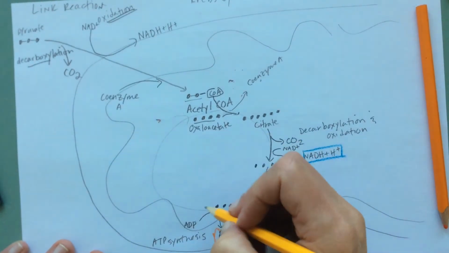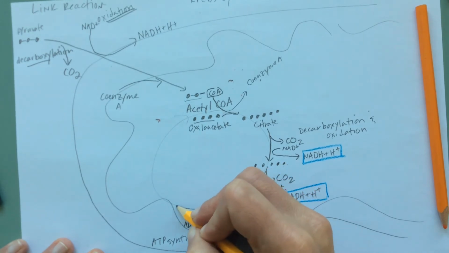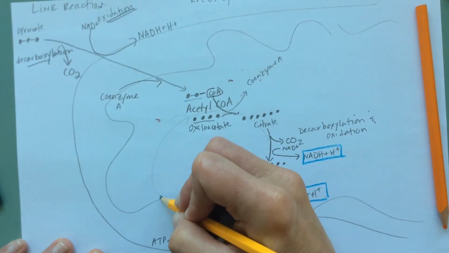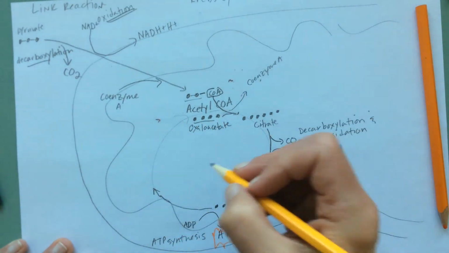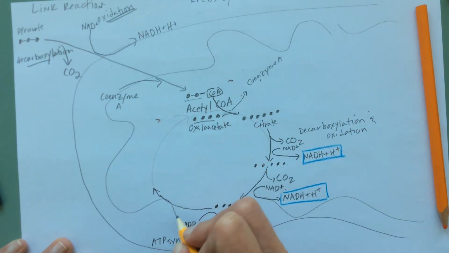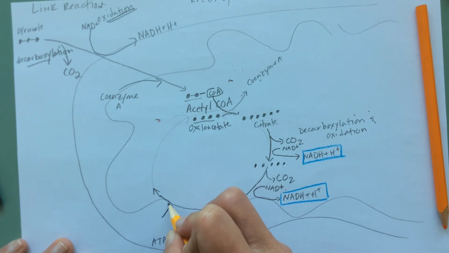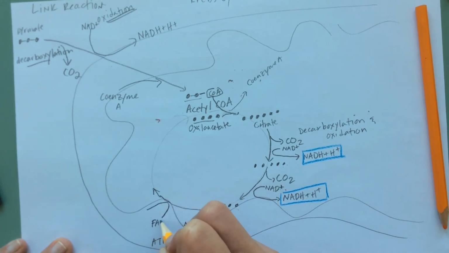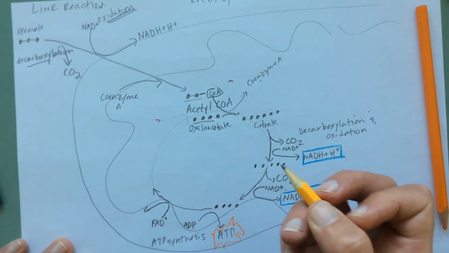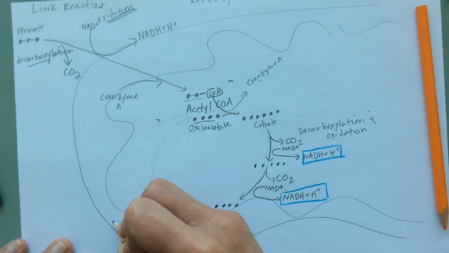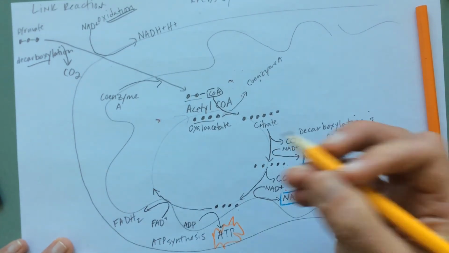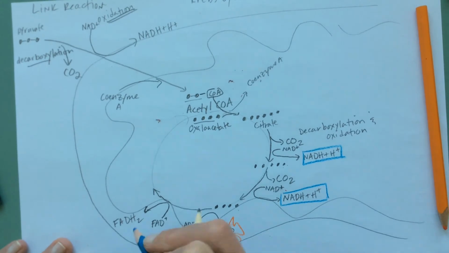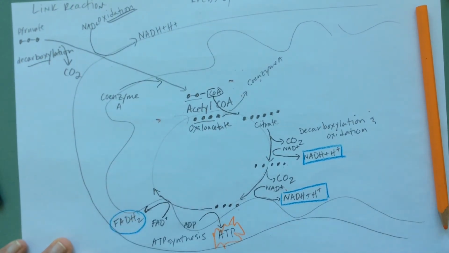And then on the way back, after that happens, we're going to actually have another oxidation, but that oxidation is not going to be with NAD, it's going to be with FAD. This is a different electron carrier. And the FAD will be reduced to FADH2, okay? So this is another electron carrier.